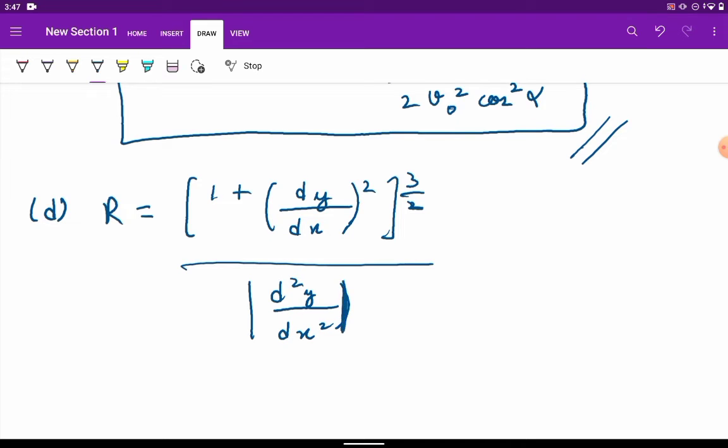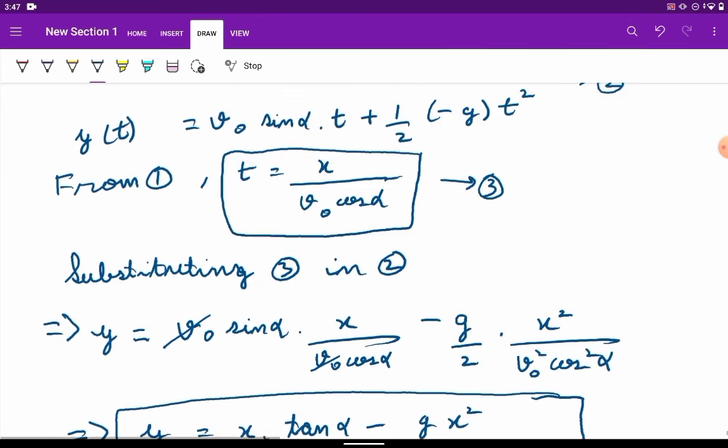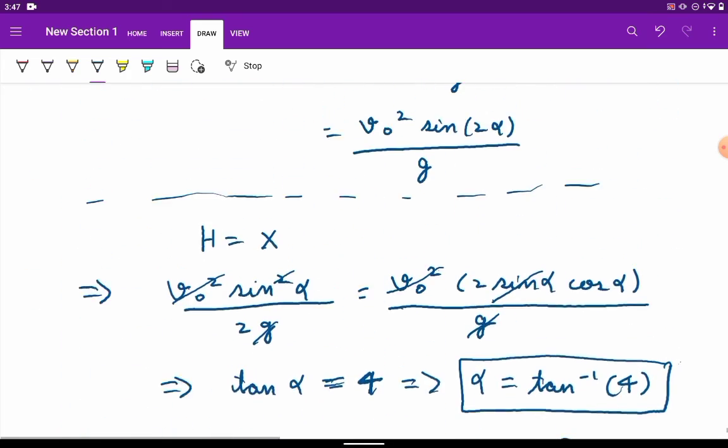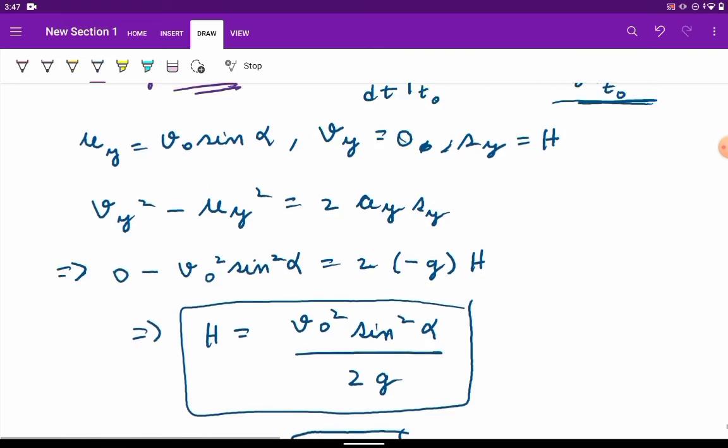This is really important. It is a really crucial formula, so I suggest that you memorize it for now.